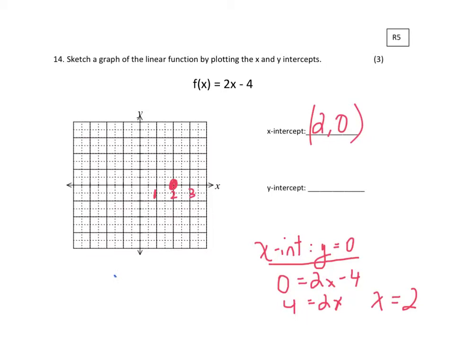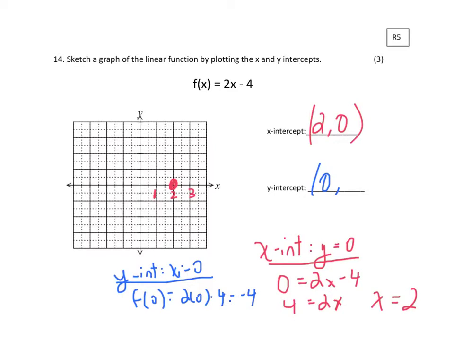Let's do the y-intercept. For the y-intercept, that's when x is equal to 0. So for x equals 0, f of 0 is 2 times 0 minus 4, which is negative 4. So if x is 0, y is negative 4.